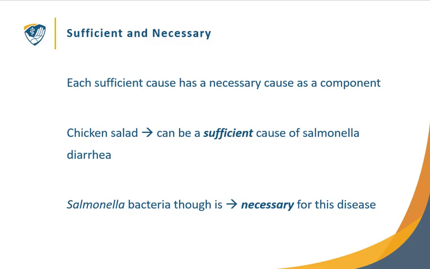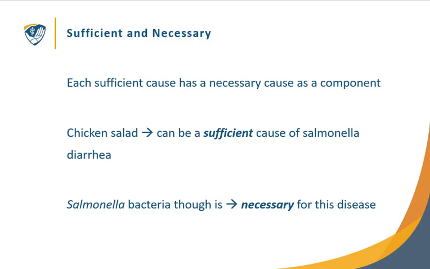Now let's look at the concepts of sufficient and necessary. Each sufficient cause has a necessary cause as a component. So if we look at a study of an outbreak of a foodborne infection, it could be found that a chicken salad and creamy dessert were both sufficient causes of diarrhea caused by salmonella.